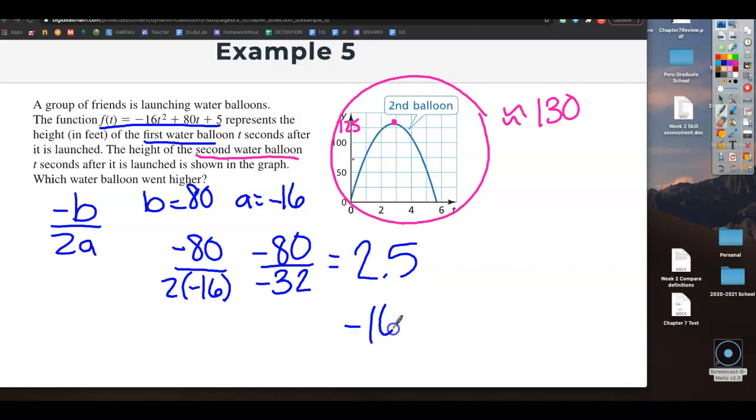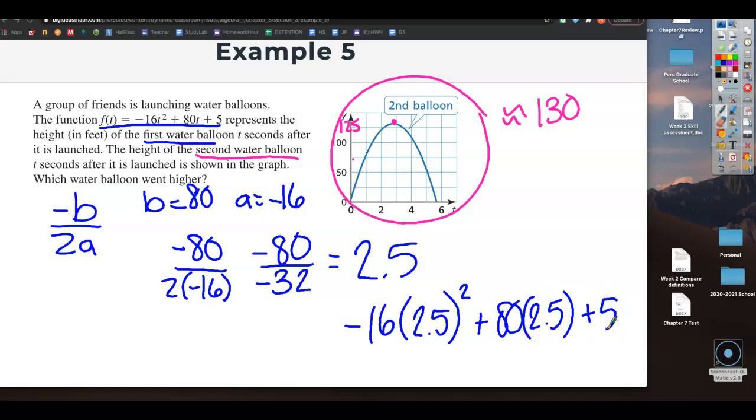Okay, let's type it in like Mrs. Springer said. So we're going to just type it in all at once so we don't have to do all of the little details. So type in negative 16. Make sure you use the negative button. Negative 16, parentheses, 2.5. Close your parentheses, then square it.